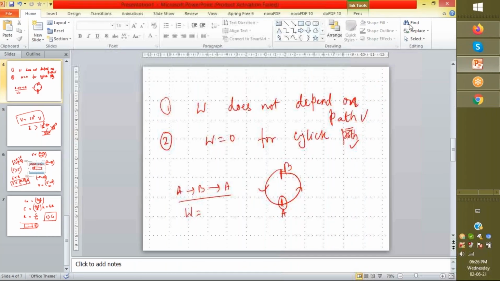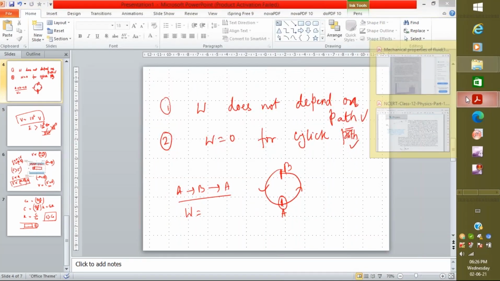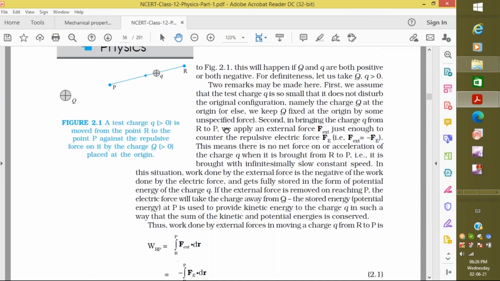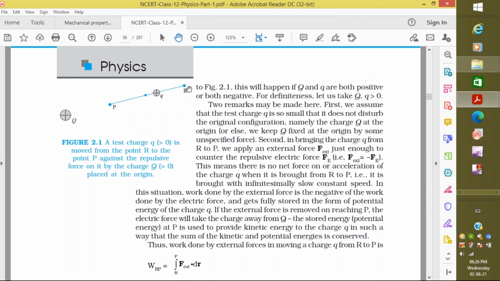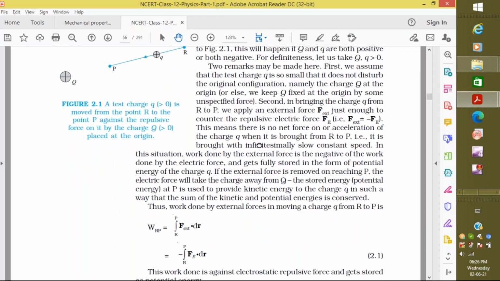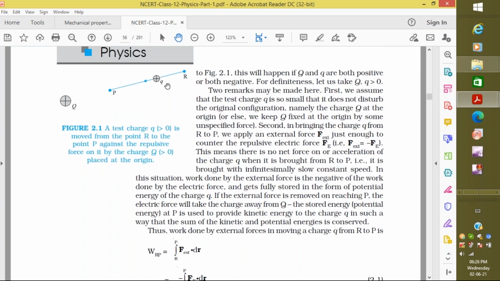Now look, in your book, what we are doing is bringing a test charge from some point R to P. This P is at R distance from the source charge Q, which is situated at an arbitrary origin. Suppose both the charges are positive, so there will be a repulsive force. You have to do some work if you want to bring the charge, and that work is done by the external force.